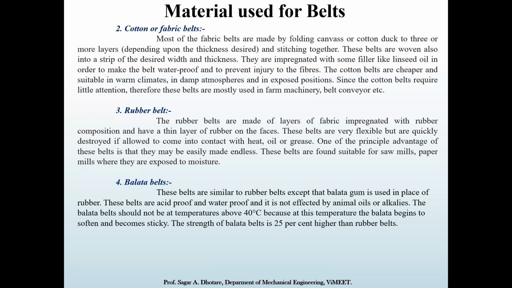These belts should not be used at temperatures over 40 degrees, because at this temperature the balata gum begins to soften and becomes sticky. The strength of the balata belt is 25% higher than that of a rubber belt. So this is a good advantage where the temperature is very low, and in that condition we can use this type of belt.